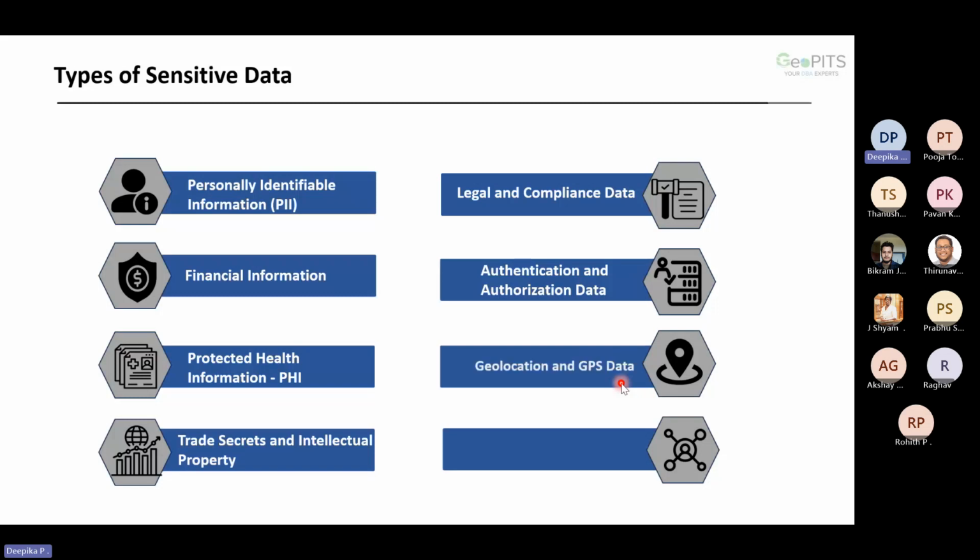The next one is geolocation and GPS data: current location, traveling history. These kinds of location-related data come under this category. The next one is social media data: profiles, posts, comments, like that. So these are the types of sensitive data. We can move to the next slide.